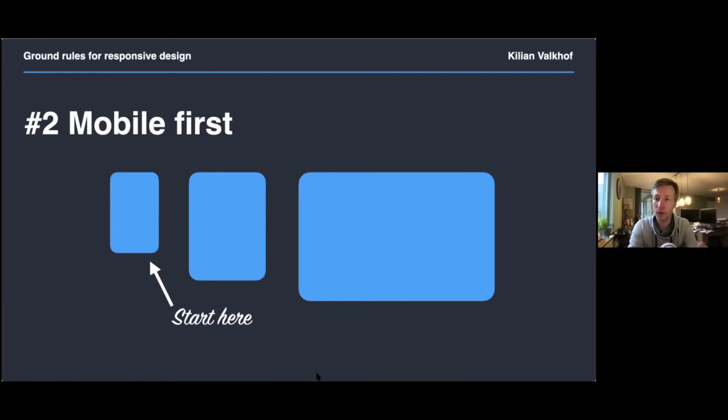However, if you do it the other way around, if you start with a desktop, you start with all this code for multiple columns and layouts and alignment and whatever. And then as you scale down, you have to add even more code to counteract the code you've already written. You have to undo the work you've already done to make it work on smaller screens. And if you're not careful undoing things correctly, you end up with broken layouts on mobile because they'll be too wide.